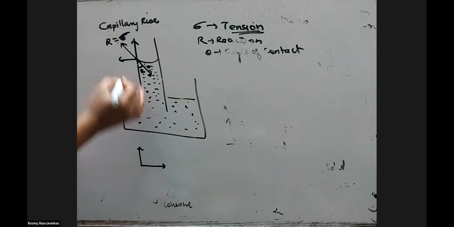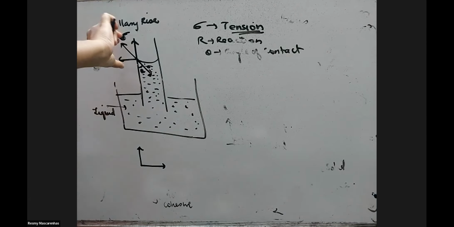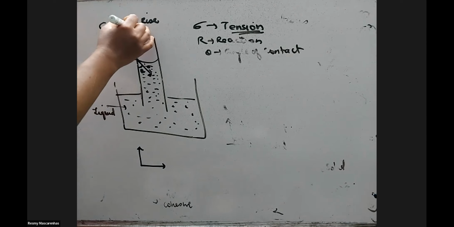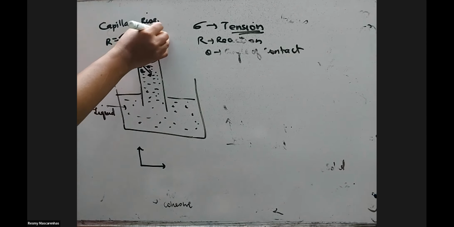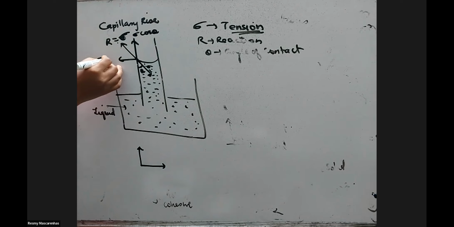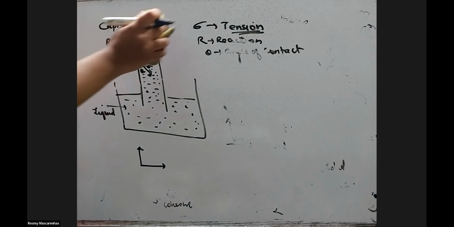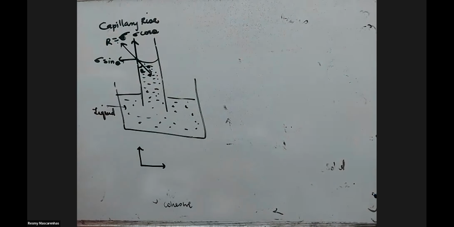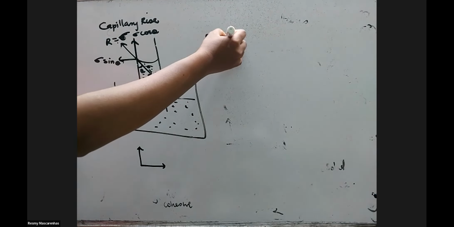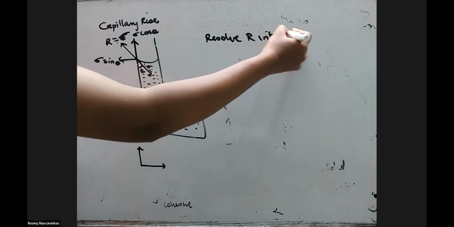Suppose if I draw like this, just rotate 90 degrees, this will be the horizontal and this will be the vertical with reference to this R. So this will be sigma cos theta and this will be sigma sin theta. So resolve R into two components.